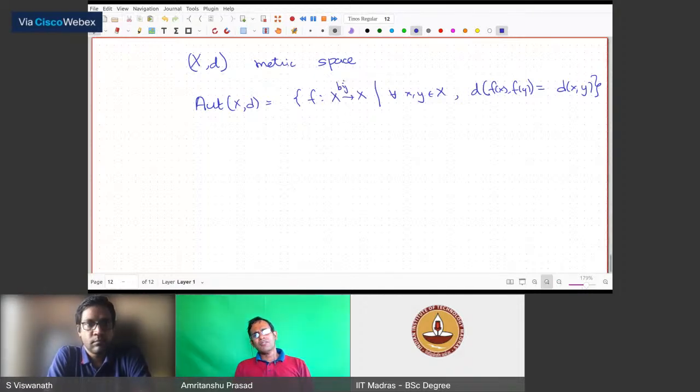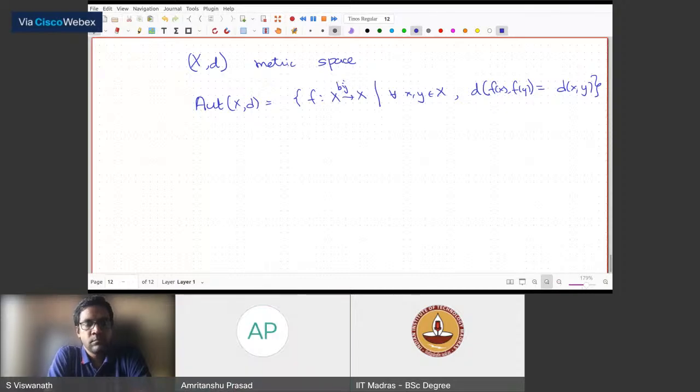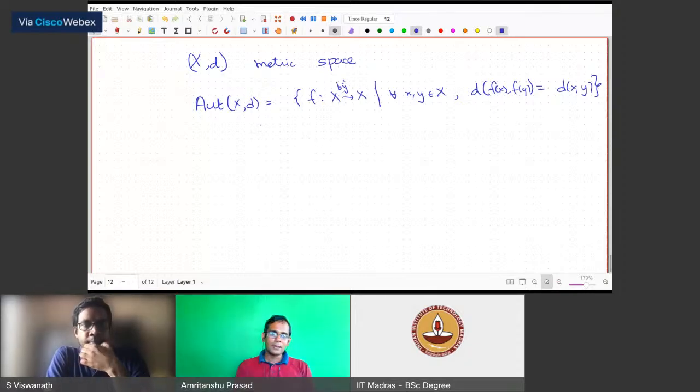In the graph case we didn't need to add this because the graph was finite, and even for some infinite metric spaces you don't need to explicitly mention this, but in general you may need to have this bijection condition.